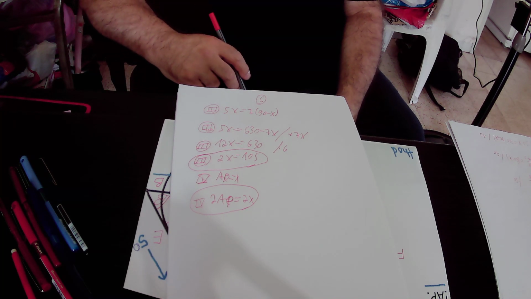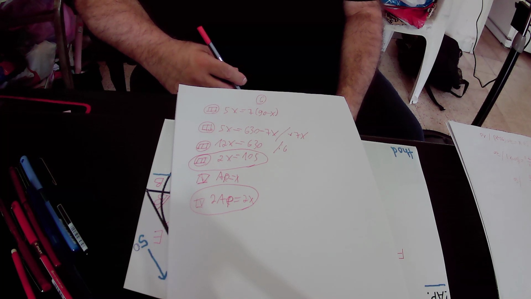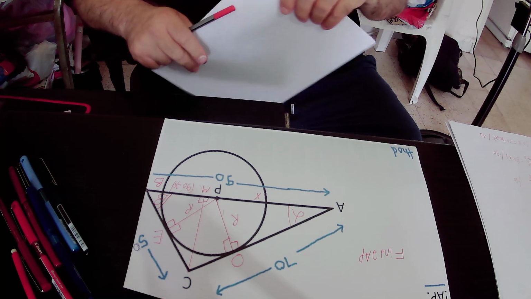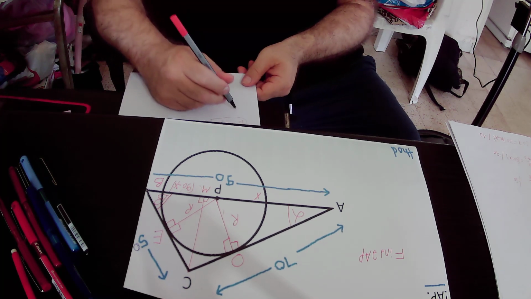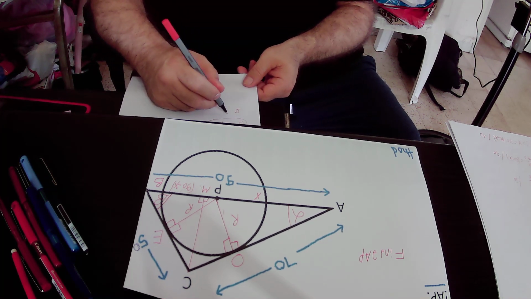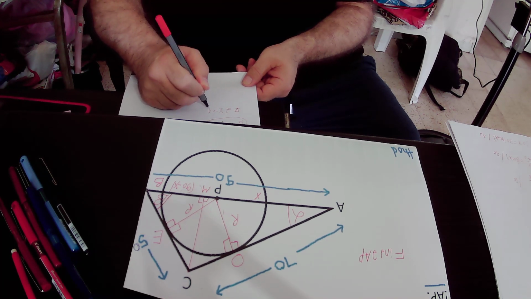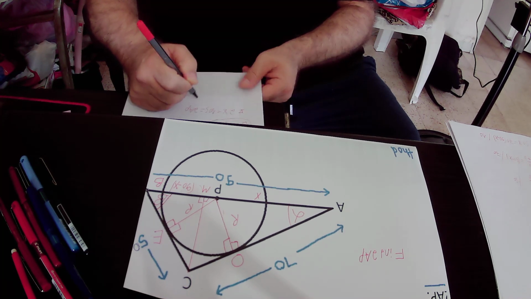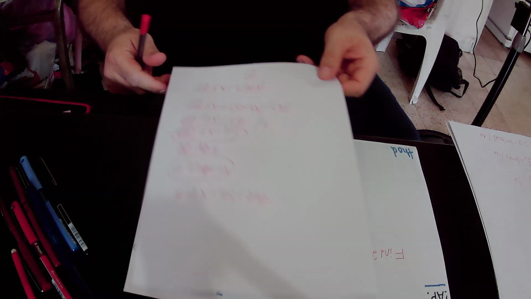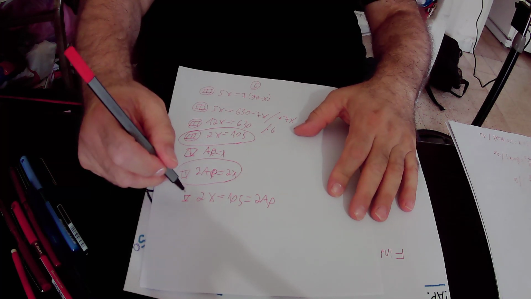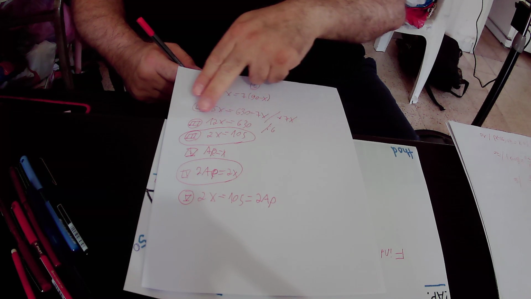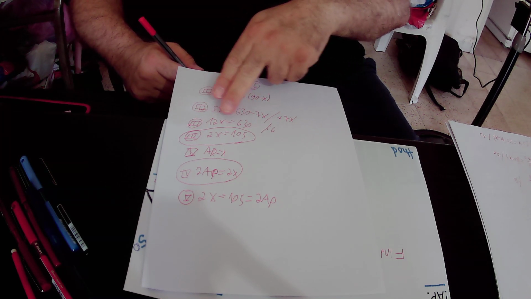Now we will combine equation 3 and equation 4 together, and we will create the fifth equation. So the fifth equation states that 2x equals 105 units from the third equation.